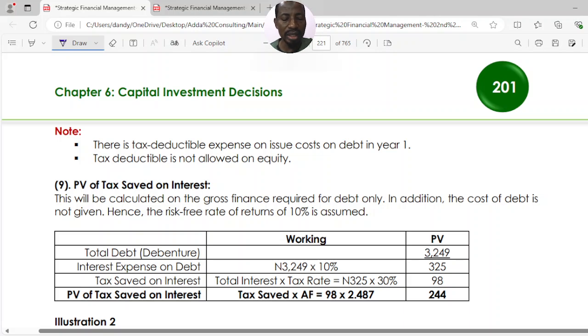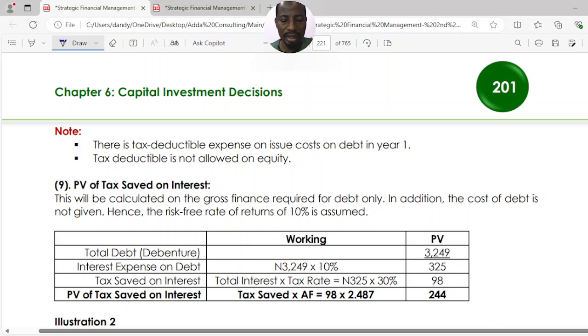Since there's no subsidy, we need to calculate the present value of tax saved on interest. To get that, the first thing we need to do is accumulate all interest elements. We are going to have only one interest, which is on the debt.